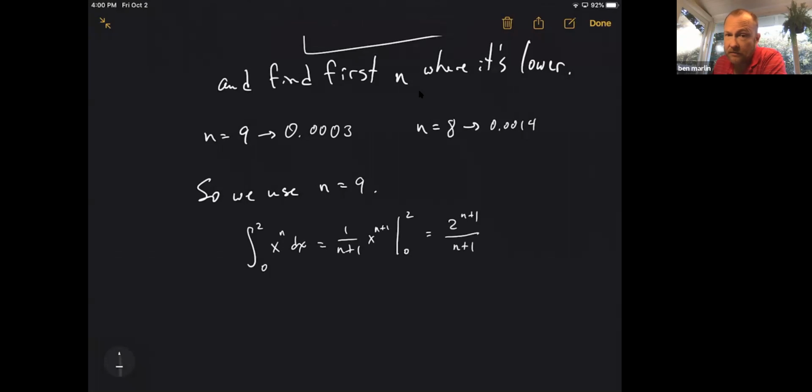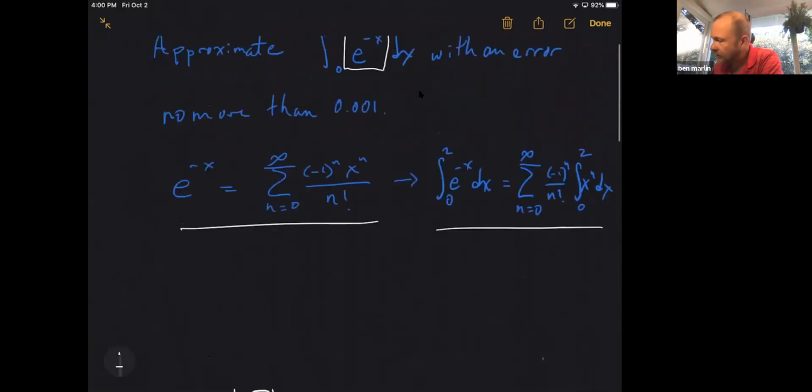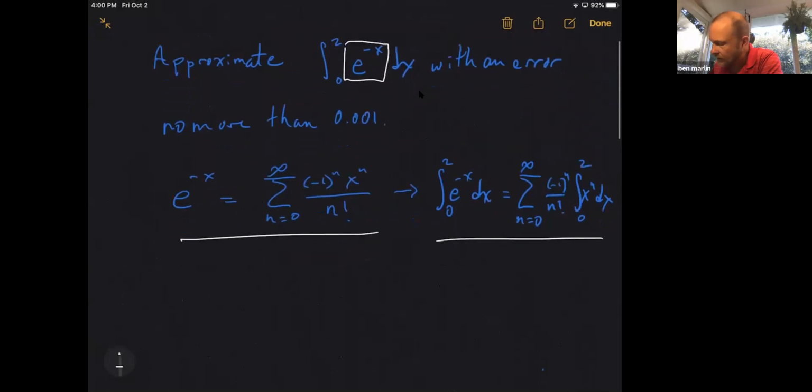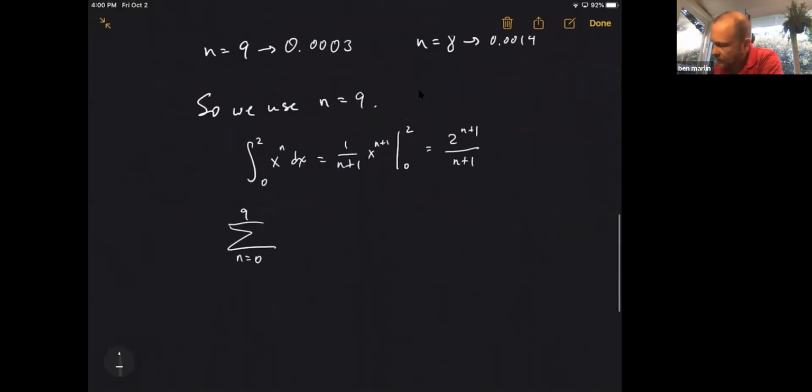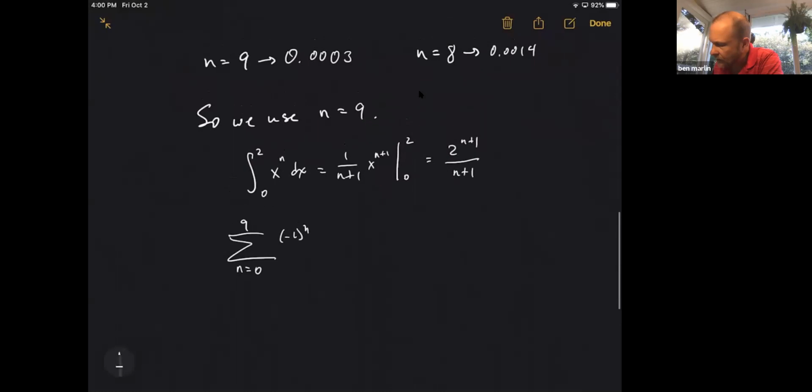So what we have to do is for our summation here, n equals 0 to 9 of, oh, I've already forgotten the first part of it, minus 1 to the n over n factorial, and then times 2 to the n plus 1 over n plus 1.